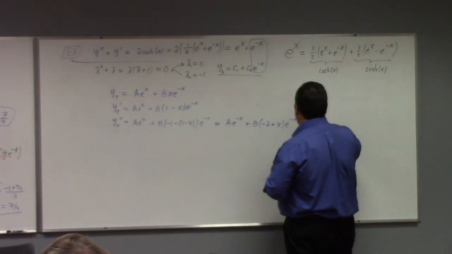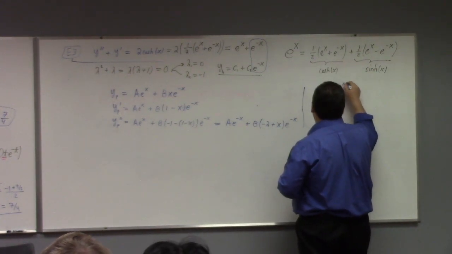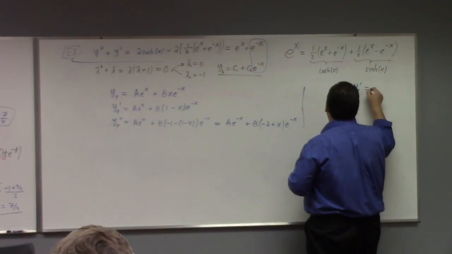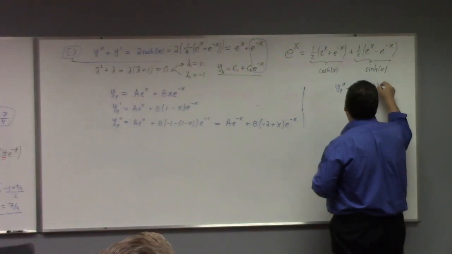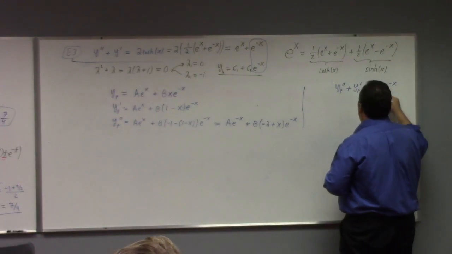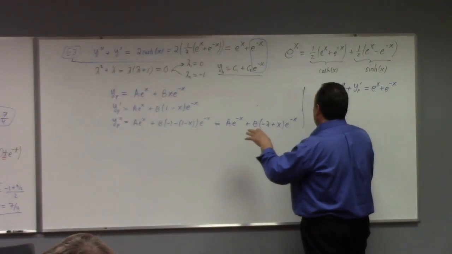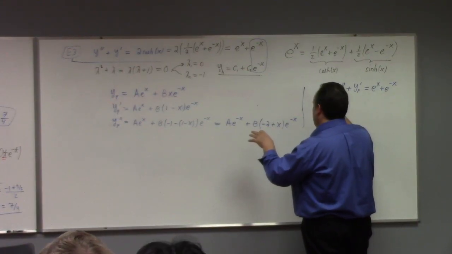So put these into yp prime prime plus yp prime equal to e to the x plus e to the minus x. And what happens? Well, you got a e to the minus x.